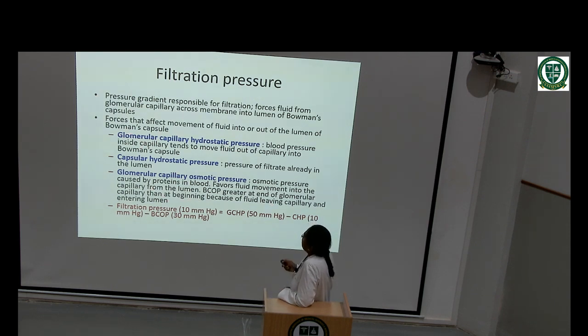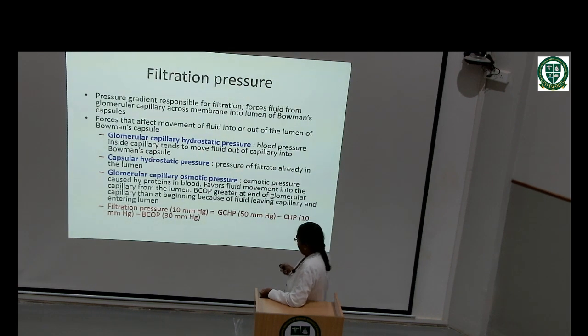I repeat, glomerular capillary hydrostatic pressure, that is blood pressure inside the capillary, tends to move fluid out of the capillary into the Bowman's capsule, around 50 mmHg. Then capsular hydrostatic pressure, the pressure of filtrate already in the lumen, is around 10 mmHg.